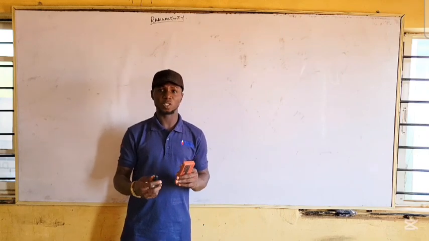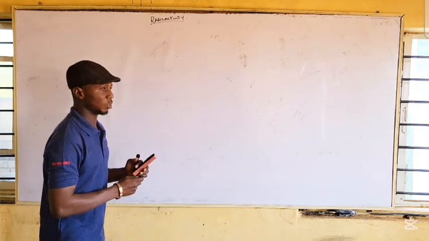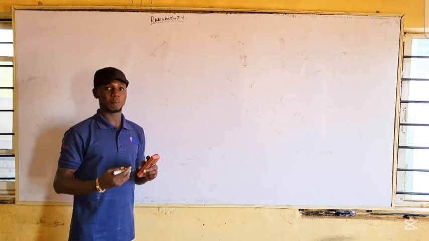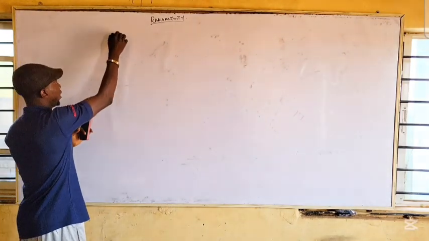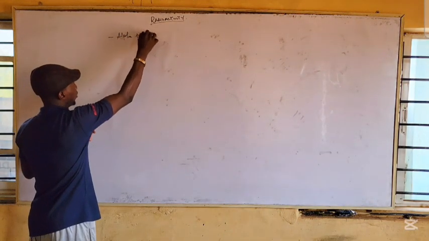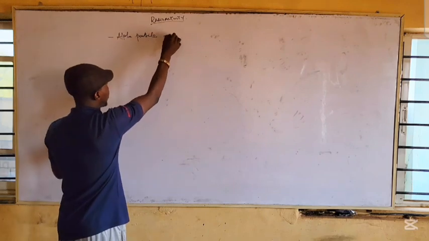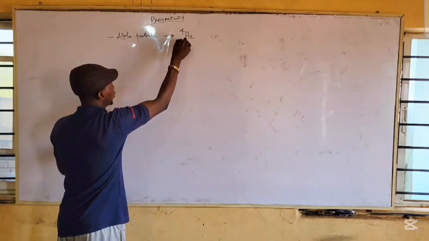What are the types of radiation that are always emitted during radioactivity? We have three types of radiation that are the main types, but in addition, I'm going to add two. Number one, alpha particle, which is always represented by a helium atom, 4, 2.